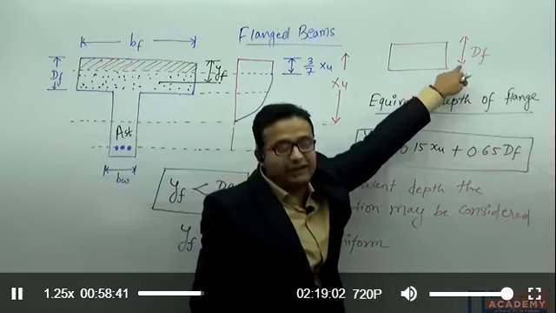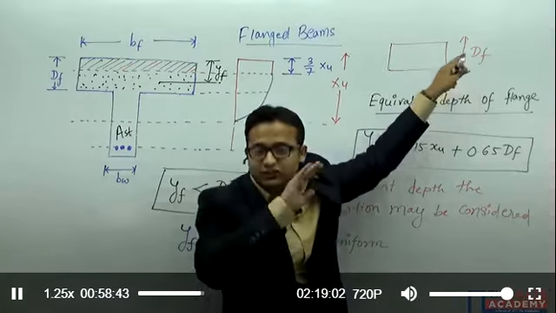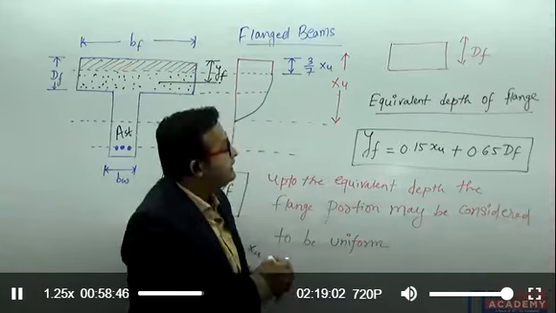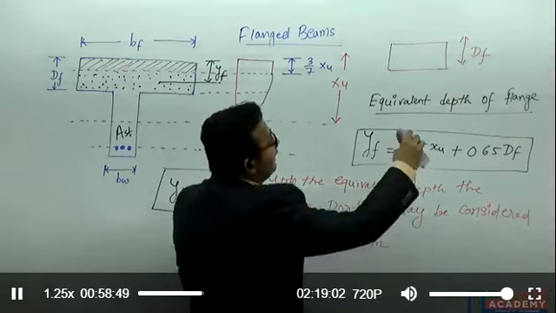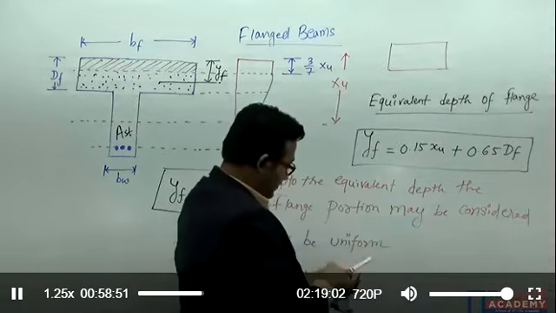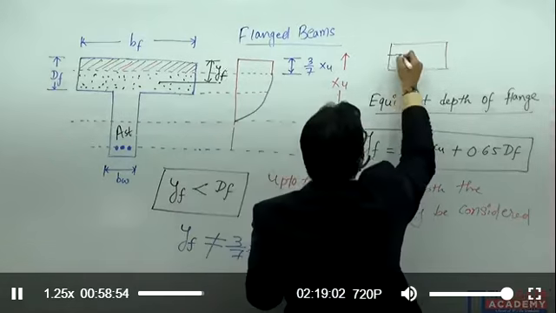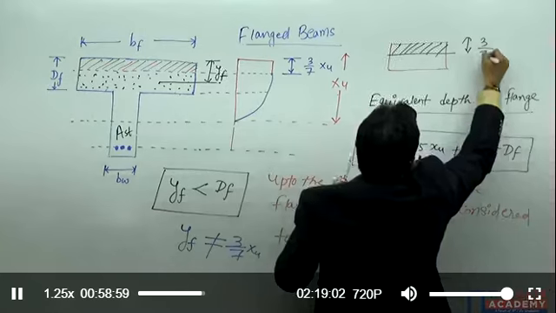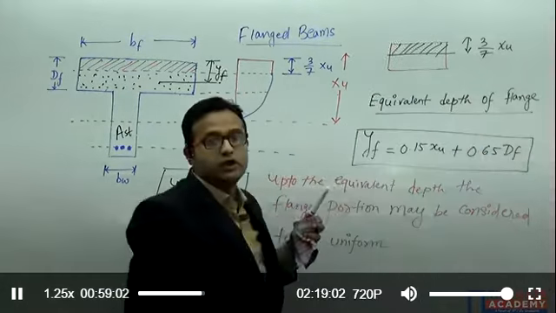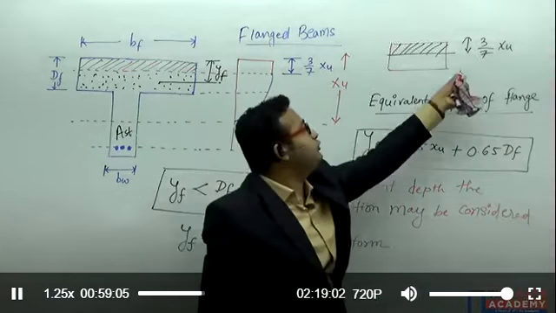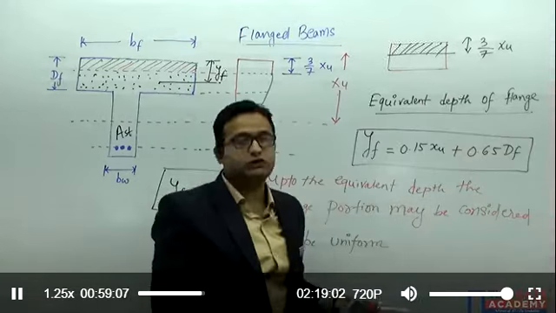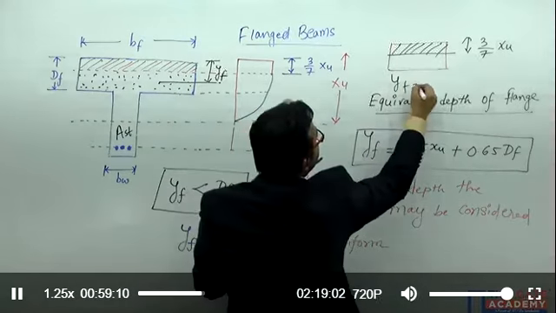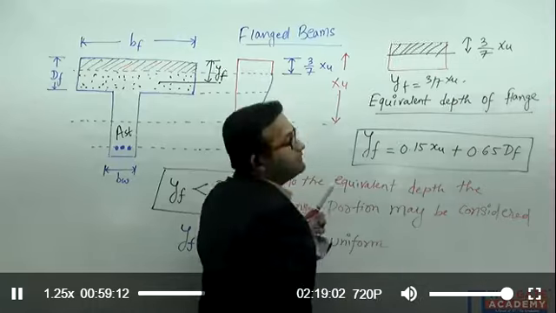If I consider the total depth of the flange, I know the total depth of the flange is not uniformly stressed. Okay, this I know. Then you are asking, consider the depth up to which it is uniformly stressed, right? You are asking the question, if it is stressed up to the depth of 3 by 7 of XU, so I should consider YF equal to 3 by 7 of XU, right?